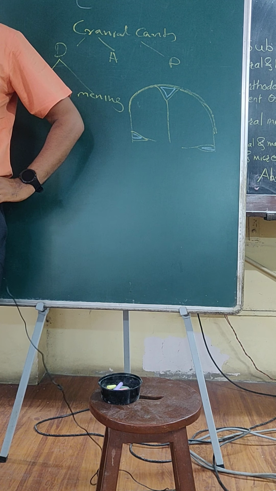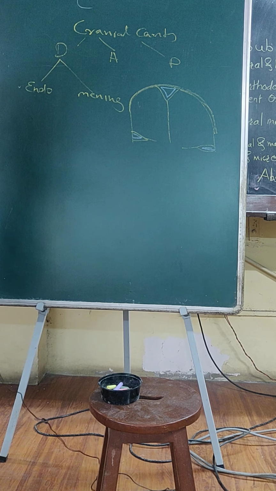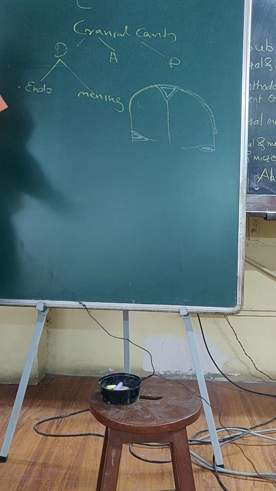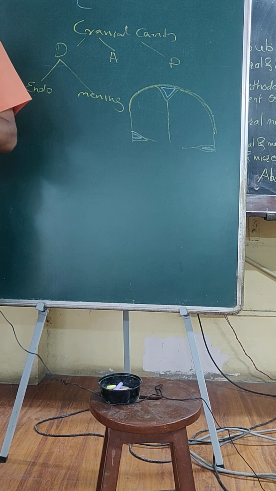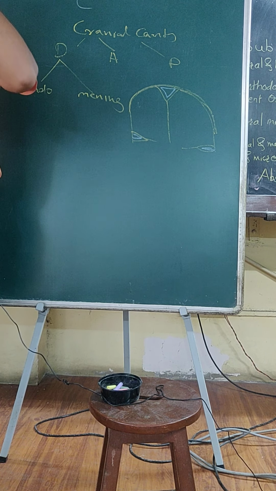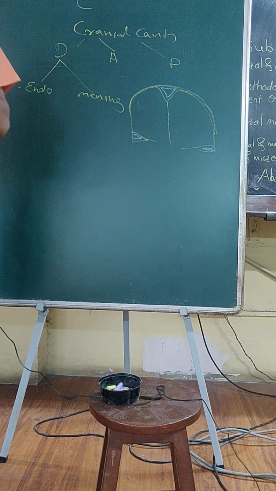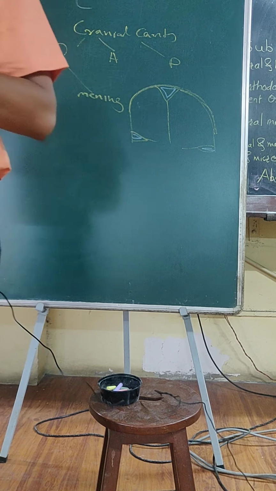Falx cerebri. It's something like the packaging of the brain. You must be ordering things from Amazon. So when you order something made of glass, so many packs are put. Similarly, the brain specimens you see here are hardened by formalin.